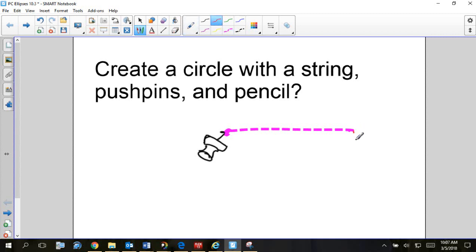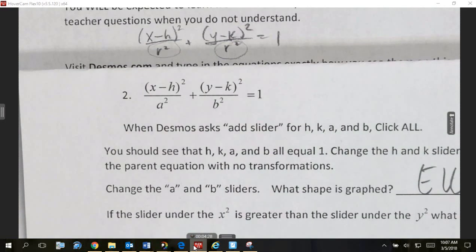I don't know what I was thinking when I decided to draw this. Here's your pencil. There's your pencil. And then what? You just go all the way around.